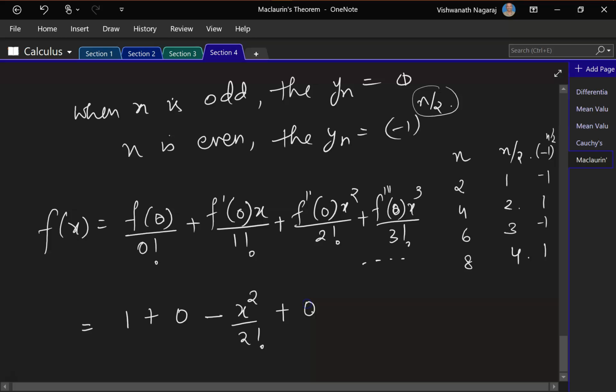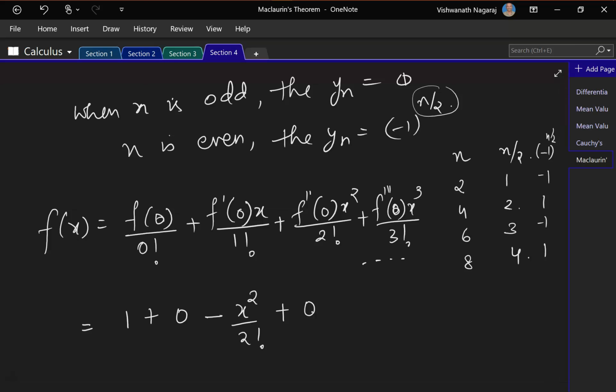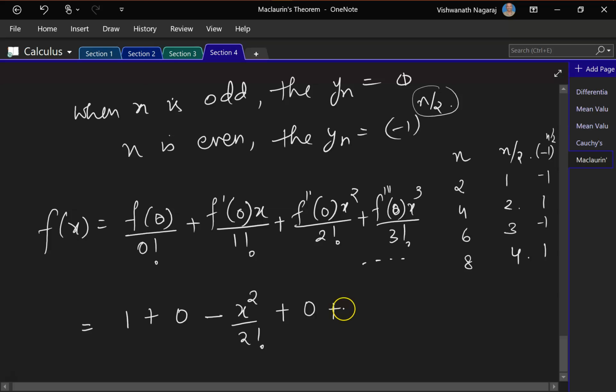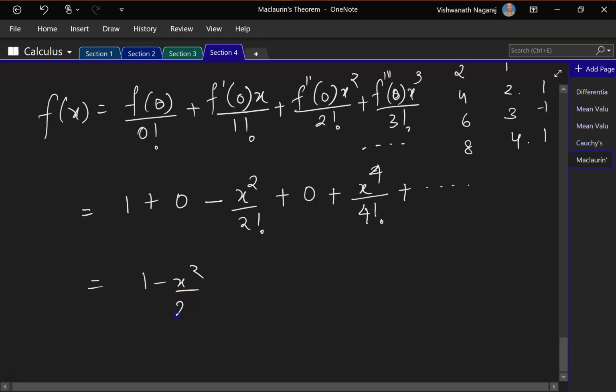Plus, whenever n is odd, yn will be 0, plus x to the power of 4 by 4 factorial times minus 1 to the power of 4 by 2. So this is 2 by 2, so minus 1 square is plus 1. So it remains as plus, and we can remove it. And so on. So 1 minus x square by 2 factorial plus x to the power of 4 by 4 factorial plus.